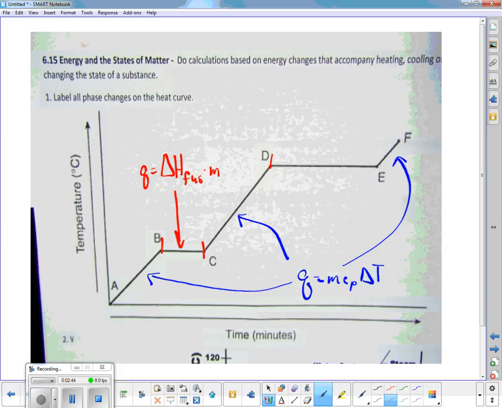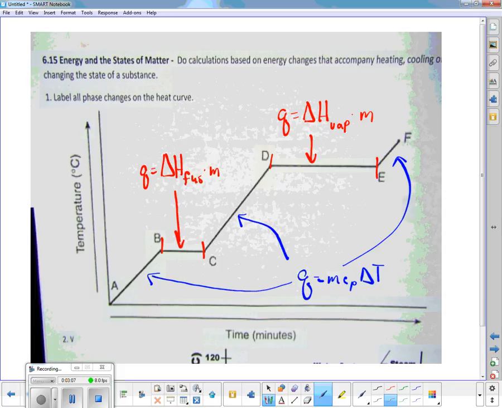This is also a flat stage right here where you're changing from a liquid to a gas, and you have to use the same type of equation here, but instead of using heat of fusion, you're going to use heat of vaporization times the mass. Okay? We'll do some problems with that later, but that's easier for me to remember.